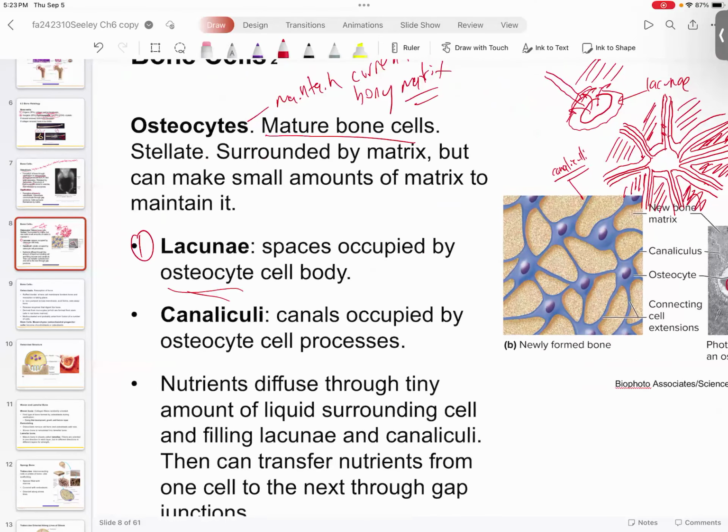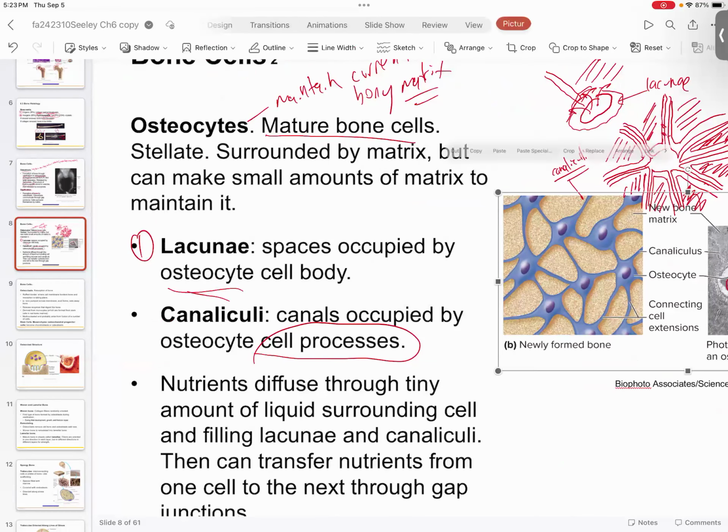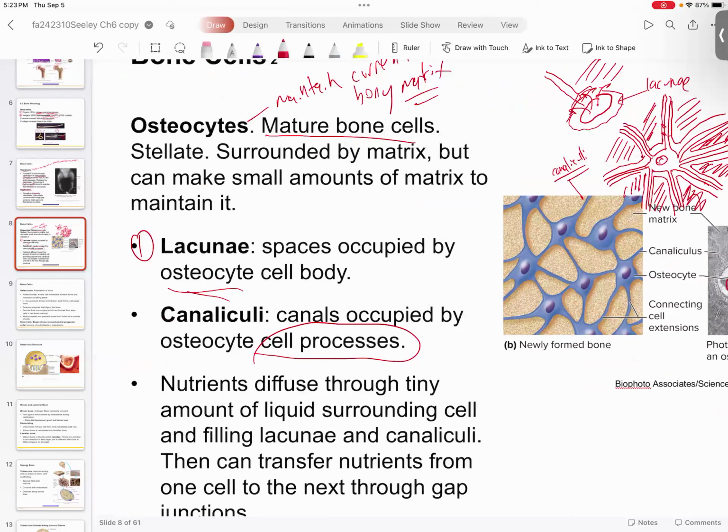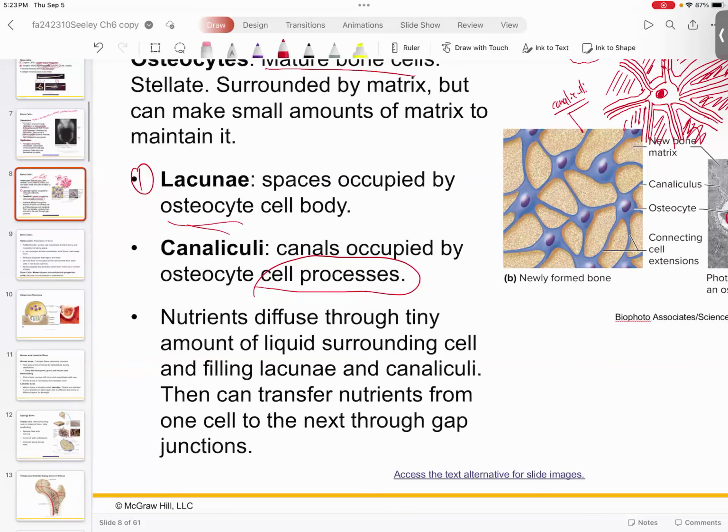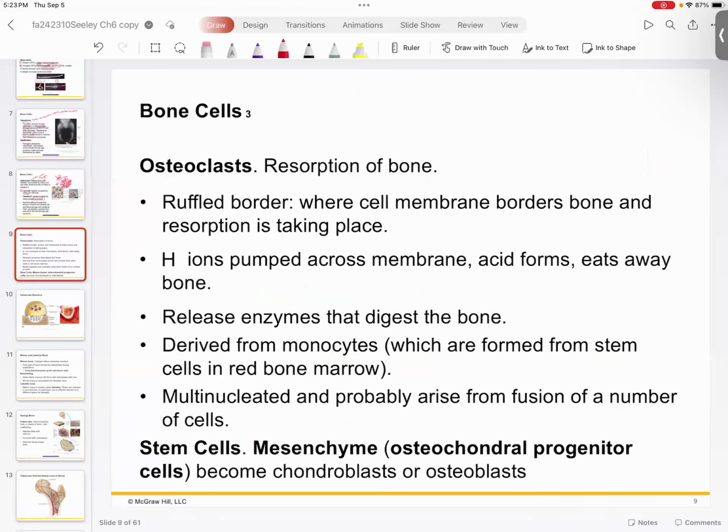These tiny canals are inhabited by the cell processes of the osteocyte. So here's the osteocyte nucleus itself. Nutrients come to the cell by these little canaliculi, these cell processes tunneled through the bony matrix.